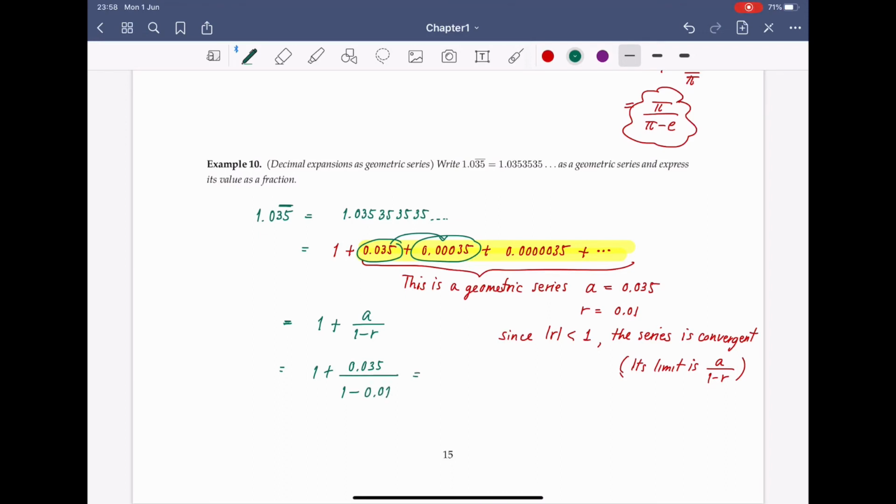And if you use your calculator, you're going to get 1 plus 0.035 over 0.99, which you can simplify to be 205 over 198. Alright, this is how you convert a repeating decimal to a fraction.